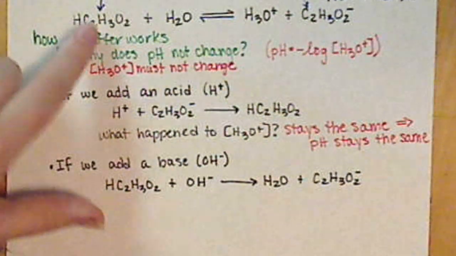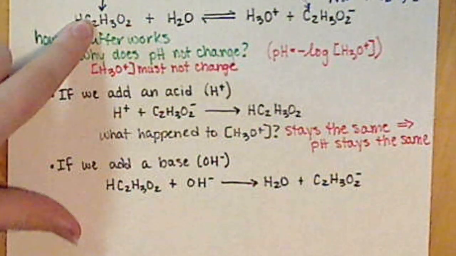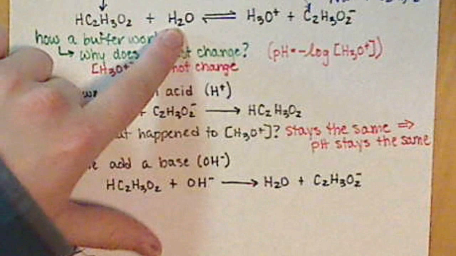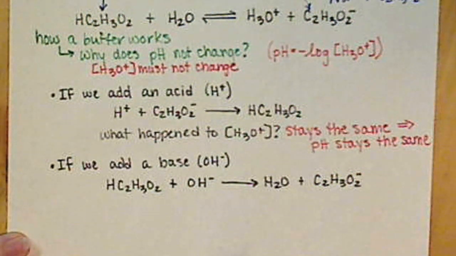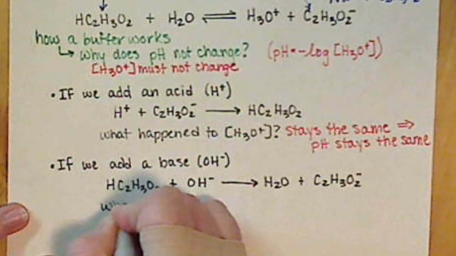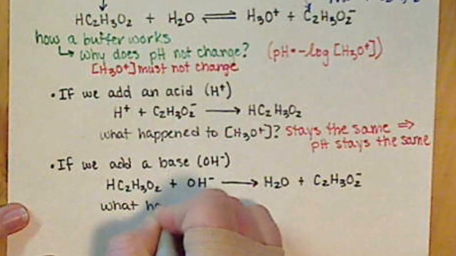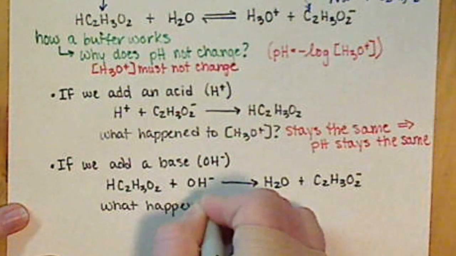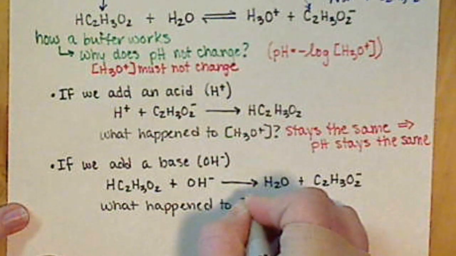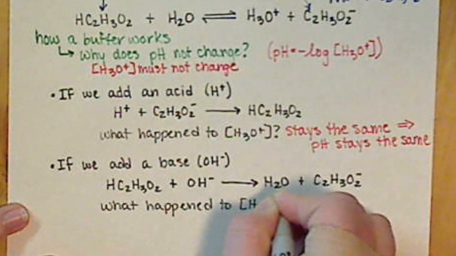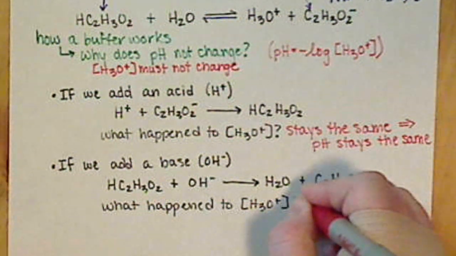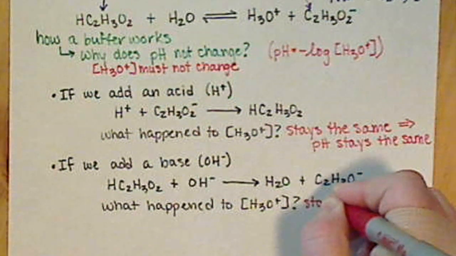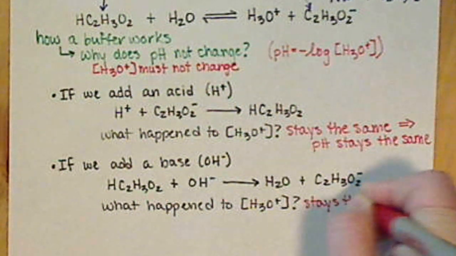So if we add base, it's going to interact with our acid, and we form more water and more of our acetate ion. Again, the key question is what happened to the concentration of H3O plus? Again, it stays the same, and if it stays the same, then our pH does not change.